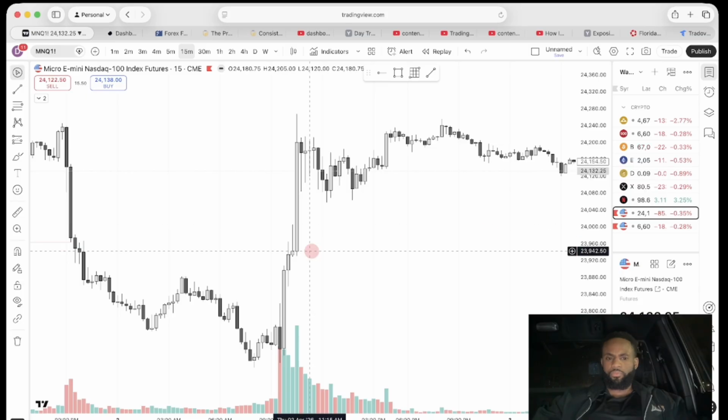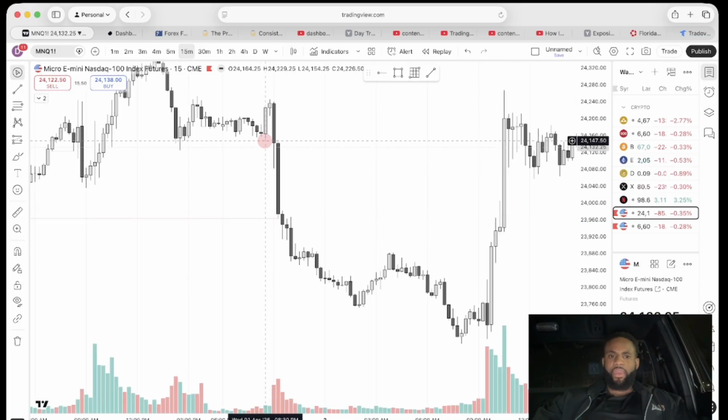So black candle, we opened here, price came as high as right there, price came as low as right here, but guess what? We closed right here. And then look, the very next candle, guess what? We open right here. What a coincidence. Because we closed the previous candle right here. So that means the new 15-minute candle, we are going to open right here.